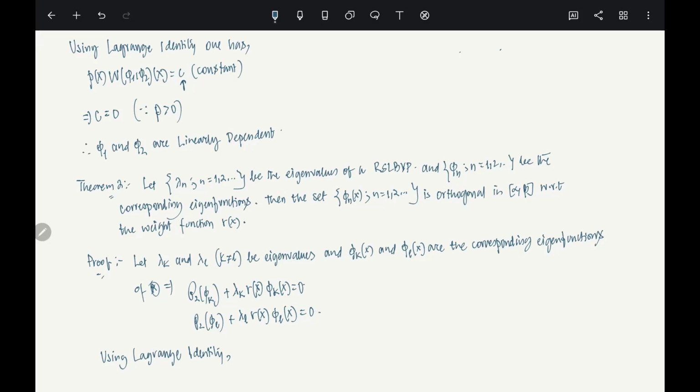What you get is lambda l minus lambda k, integral from alpha to beta of r of x phi l of x phi k of x dx, equals the integral from alpha to beta of phi l p2 of phi k minus phi k p2 of phi l dx.